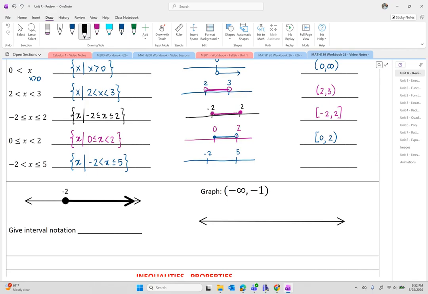X is any number in between, so I'm going to shade the part of the number line between the two critical values. I cannot equal negative 2, so that's an open circle, but I can equal 5, and that's a closed circle. In interval notation, parenthesis at -2 for open interval and bracket at 5 for closed interval.